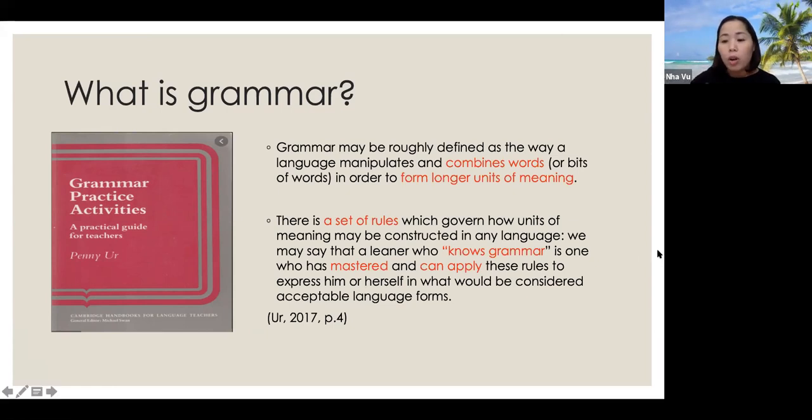So not only remember the rules, but also they have to know how to apply these rules. That is how we can say that that person knows grammar. So maybe your students can be the group that know the rules but cannot apply the rules, or maybe the group that can apply the rules but they do not know how to explicitly explain the rules.